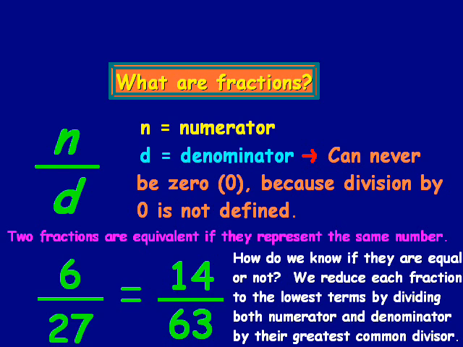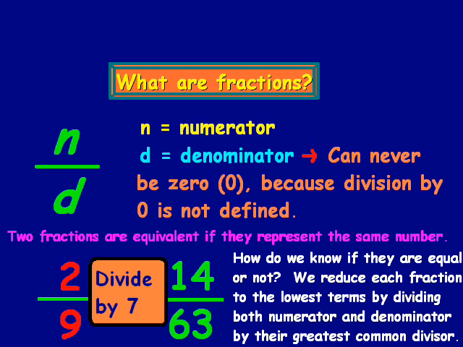So 27 can be divided by 3, and that equals 9, and 6 divided by 3 equals 2. So we have 2/9 on one side, and if we look at the other fraction, we want to know if we can get it down to that same number. What we'll do is divide by 7, and that will tell us whether or not that's equal to 2/9.